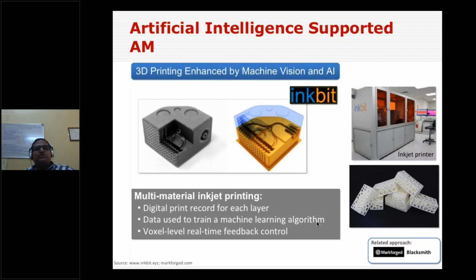So there is a huge scope for research, right? Some companies like Markforged, Blacksmith are coming with something, but it is very much the beginning. So if somebody wants to do some research or file some patent, this is a good area to work.